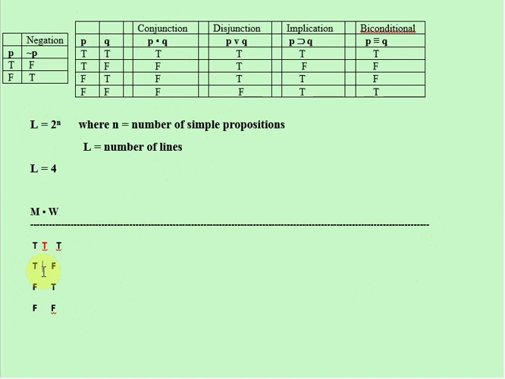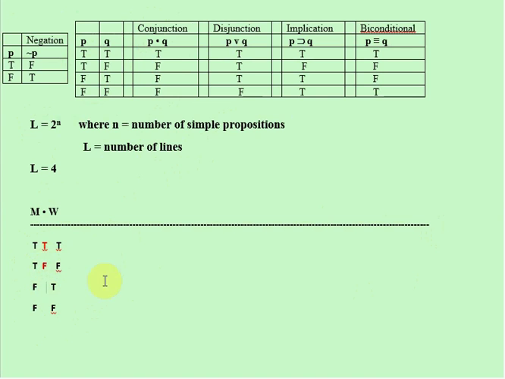Okay, we move on to the second row, and we do the same thing. We ask ourselves, okay, what happens when one conjunct is true and the other one is false? Well, again, we're dealing with conjunction, and in this case, we would look at the second row in the conjunction table, right? And that's the case where P is true and Q is false. Well, the whole thing ends up being false, right? Okay, so that would be an F. And again, let me make it in red here.